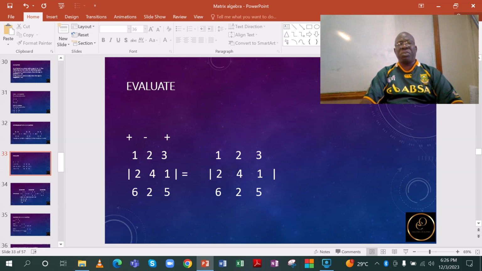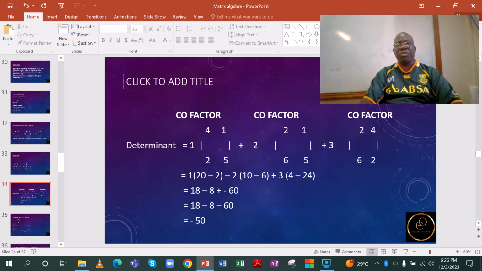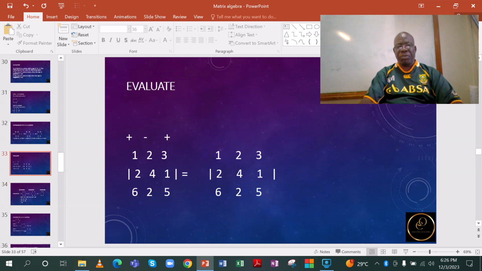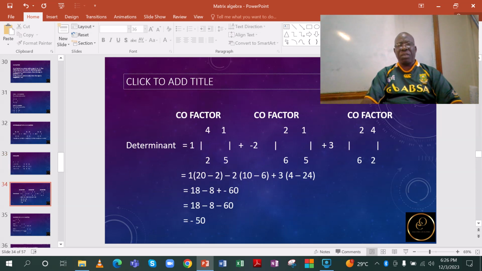We want to find the determinant of this matrix. So we take plus 1, minus 2, plus 3 as the signs given here. Then we find the determinants of the minors.